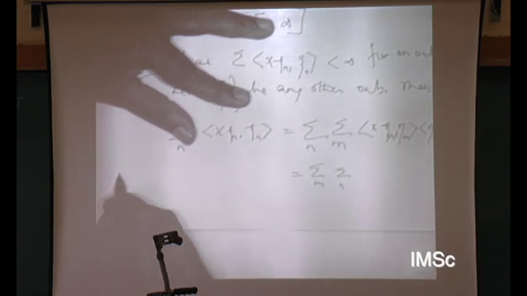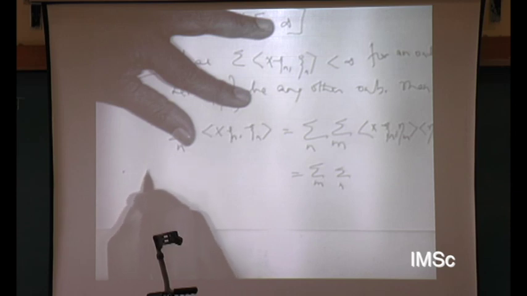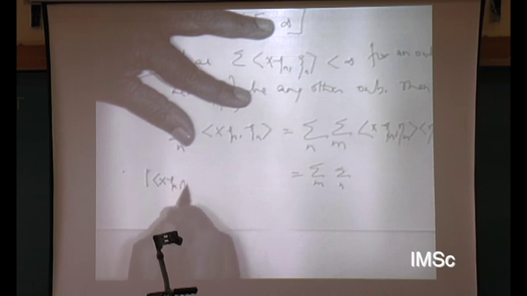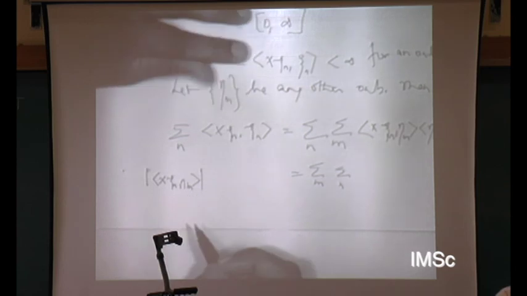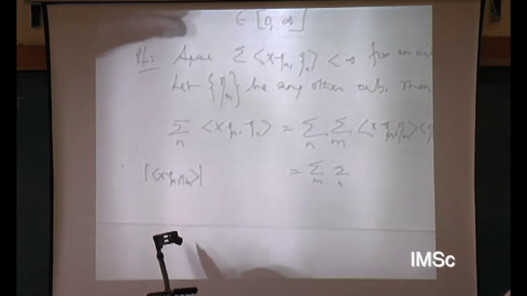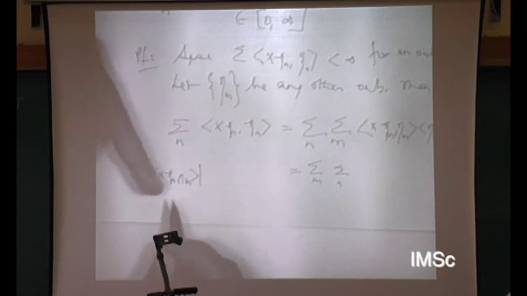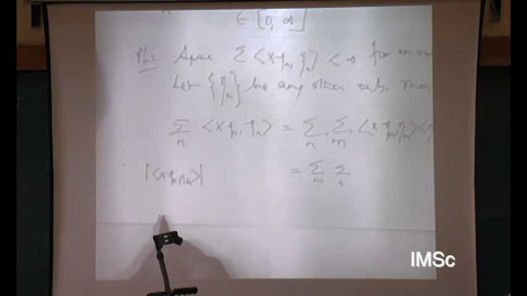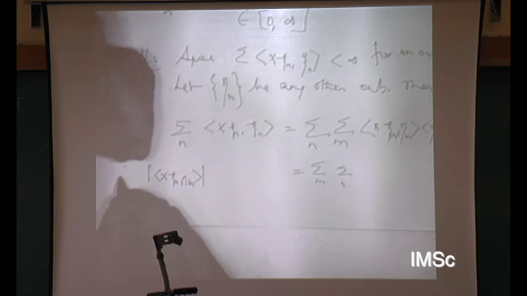So I want to say, if you look at this, this is an L2 sequence. It is the Fourier coefficients of xi n with respect to eta m. So I fix an n.